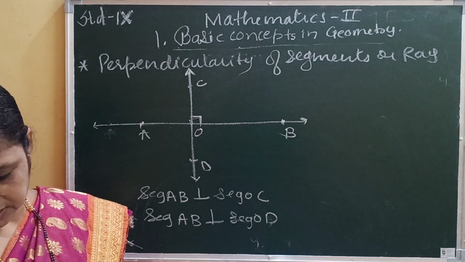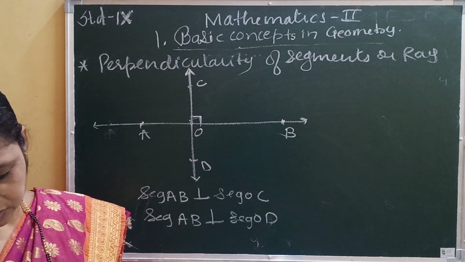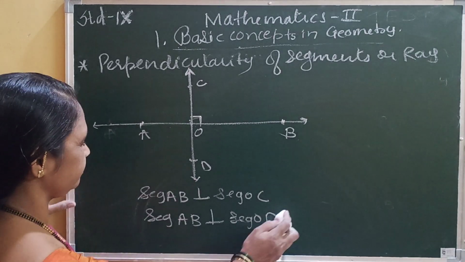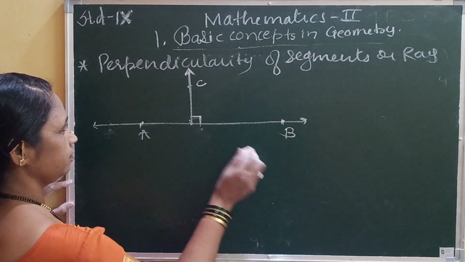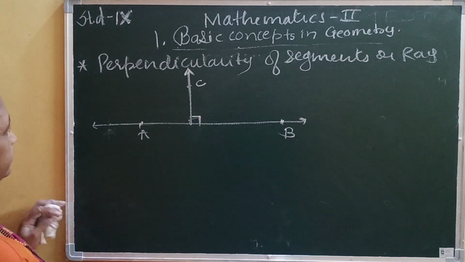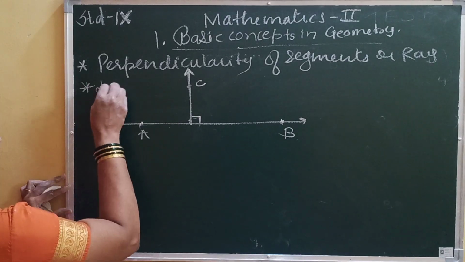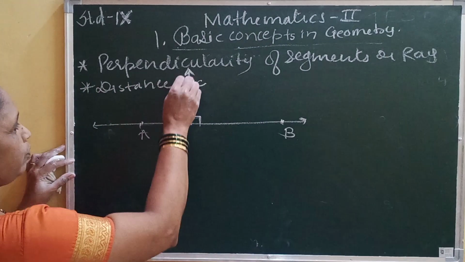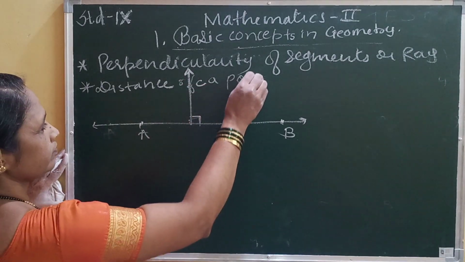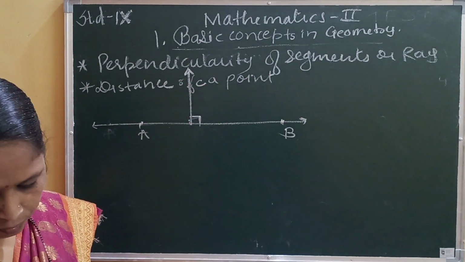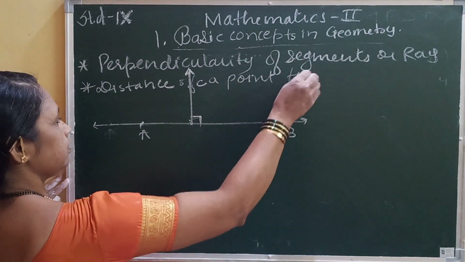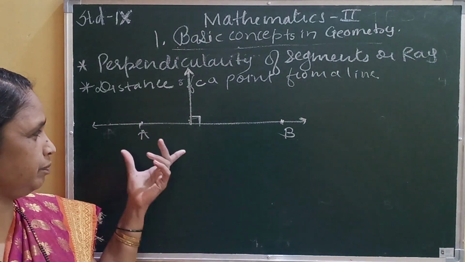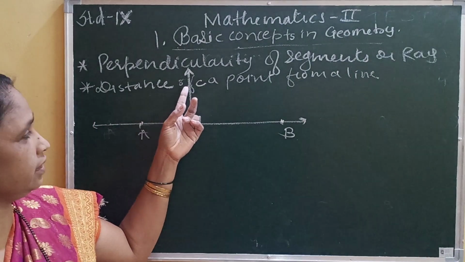Now the next is the distance of a point from a line. Suppose there is line AB and C is a point outside the line.